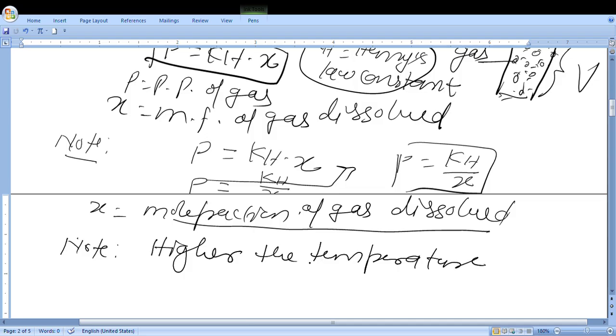If the temperature is increased for any liquid, like when we boil or heat water, bubbles come out of the liquid.